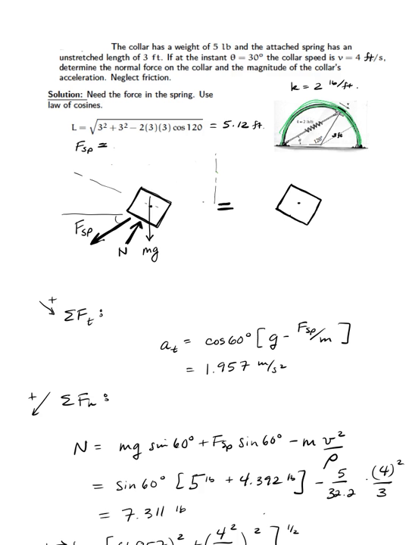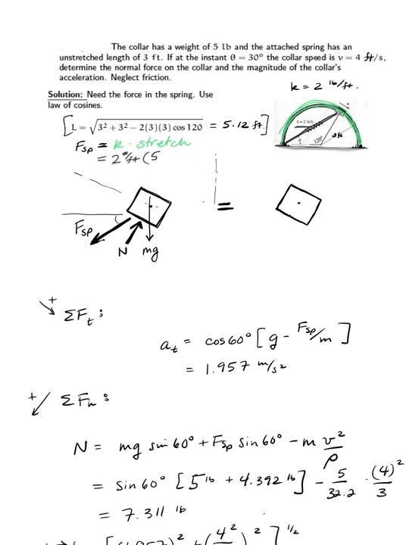We've got a spring that's attached to it. And again, we know that the only way we can get a force in a spring is if we stretch it. So we can calculate the force in the spring by using the stiffness of the spring, which is given to us right there in the picture as 2 pounds per foot, times the current length of the spring, which we calculated by geometry up here using the picture.